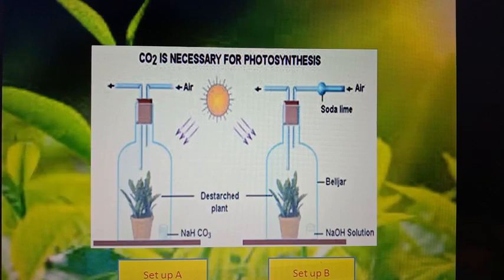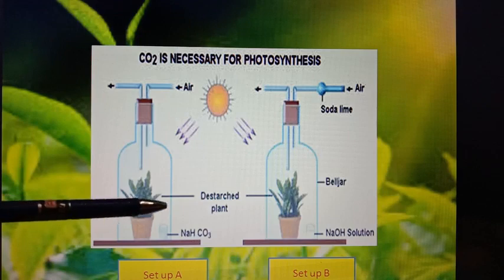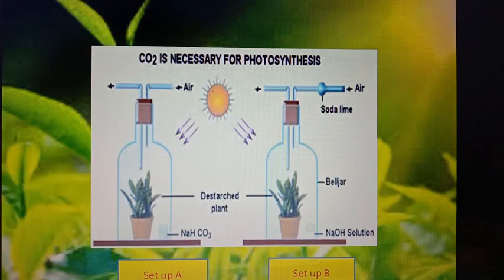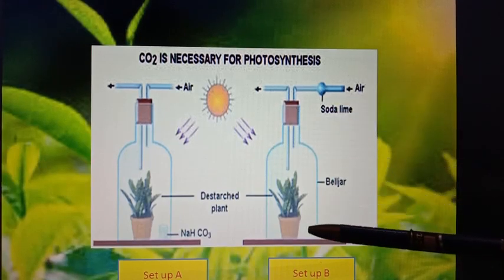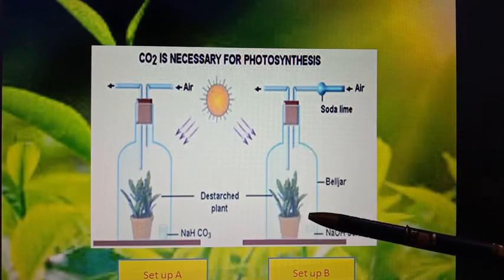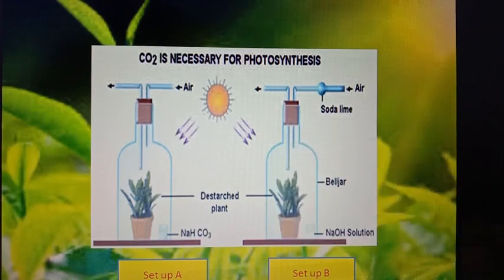So when you do the starch test, you can see that for plant A, a positive starch test will be there, because the plant performed photosynthesis. And for setup B, carbon dioxide was absorbed, so there was no photosynthesis, so no positive starch test, you can see here.